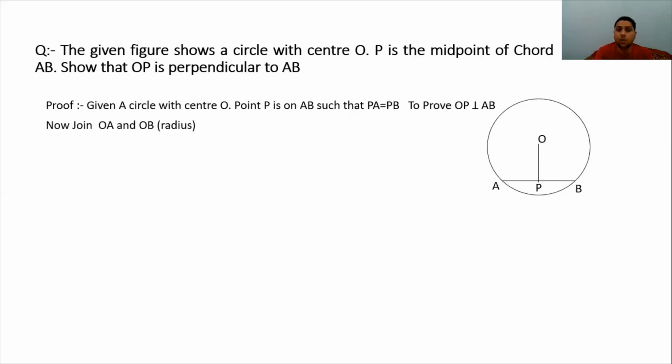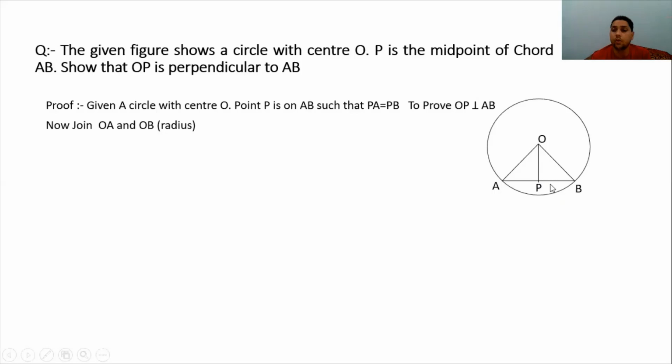We'll join OA and OB. OA and OB are the radius of the circle, because the distance from the center of the circle to the circumference is known as the radius.